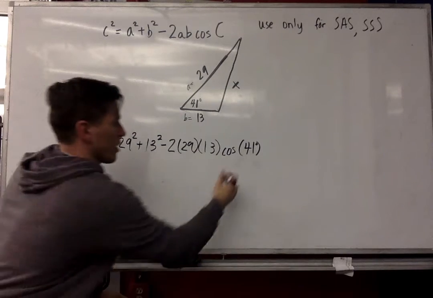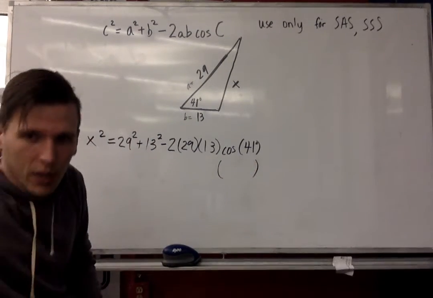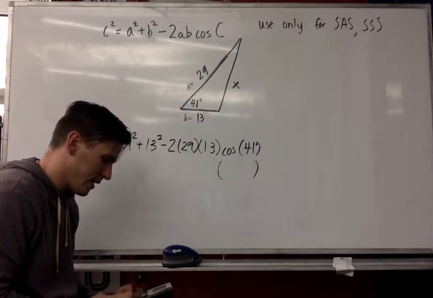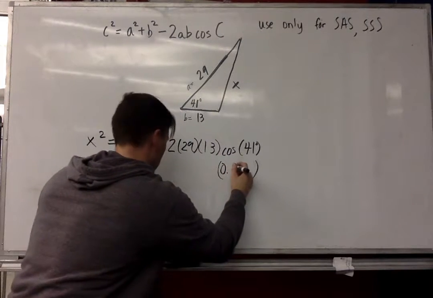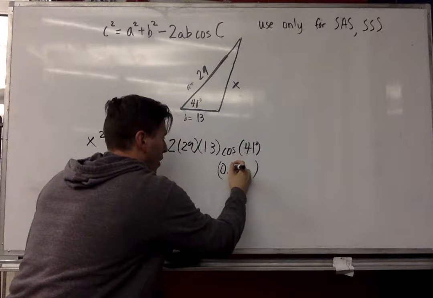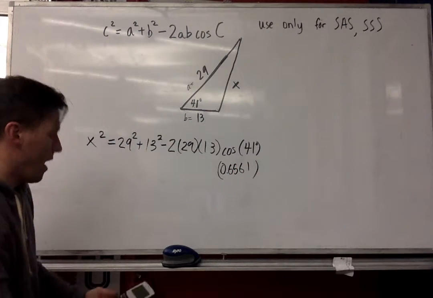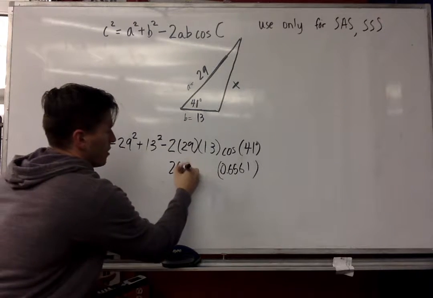First thing I'm going to need to find is the cosine of 41 degrees, so grab a calculator, look that up. Cosine of 41 degrees is 0.6561. I'm rounding.